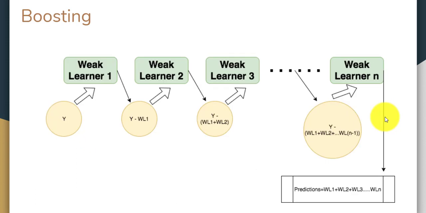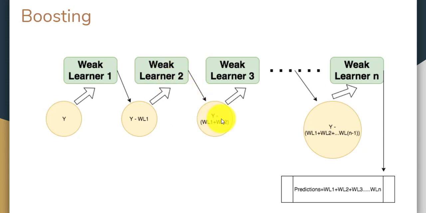Then boosting is another technique where we can combine outputs from multiple decision trees, but the difference is that we train trees in a sequential manner. What that means is, let's say I pass data to one tree, it will return some output. Let's say the output is WL1, weak learner 1. There is an error made by the first model, y minus WL1. My second model will try to adapt to this error, or predict the error made by the previous tree.